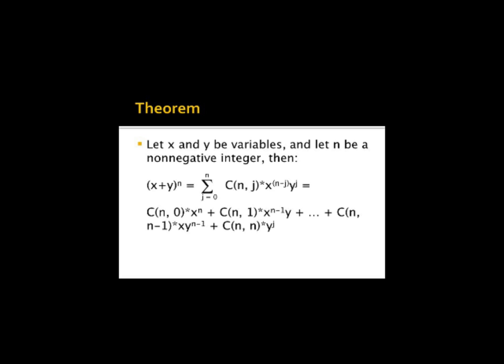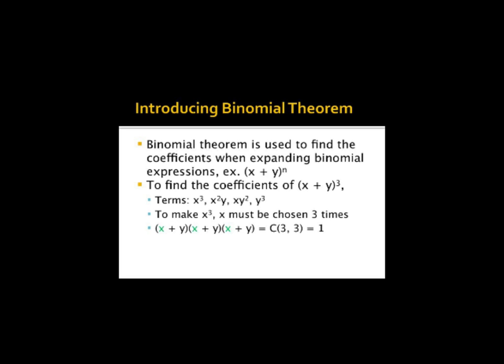So as you can see, (x + y)^n would expand out as n choose 0 times x^n plus n choose 1 times x^(n-1) y, and so forth until we find n choose n times y^n. Might look confusing now, but it'll look much better when we go through this.